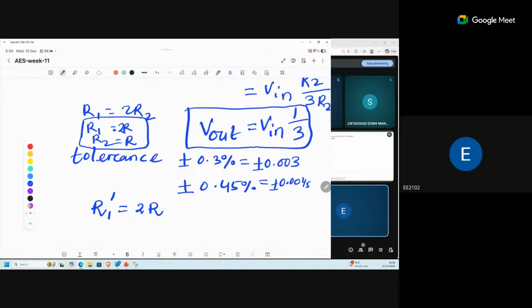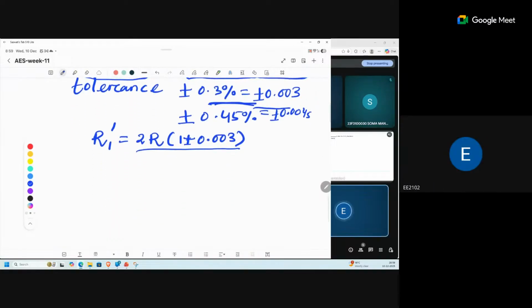Then you are getting plus or minus 0.3%, so I can write 1 plus or minus 0.003.